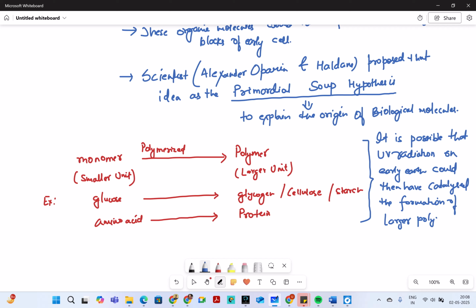So these polymers are produced. It may be anything, right?